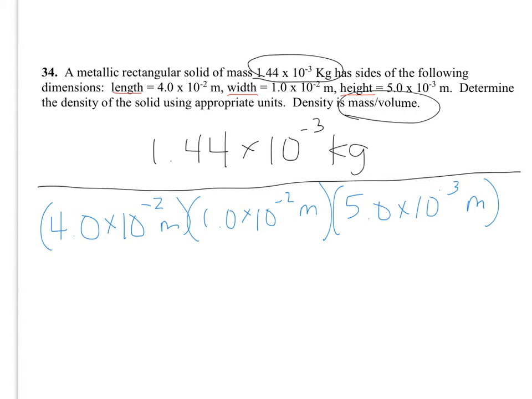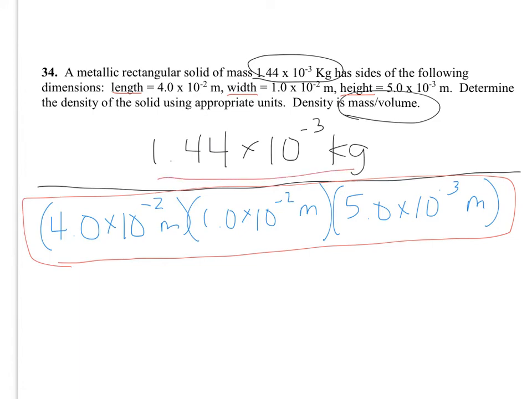So you would multiply these three numbers first, take your mass divided by whatever you get here, your volume, and that will give you your density.